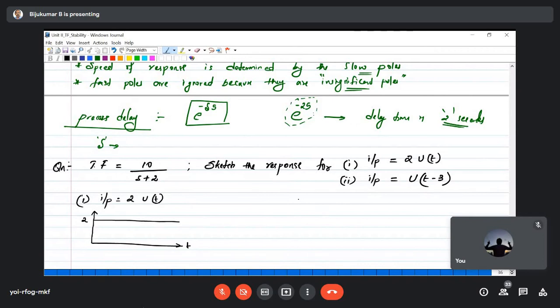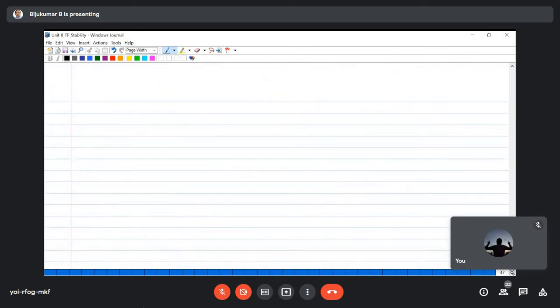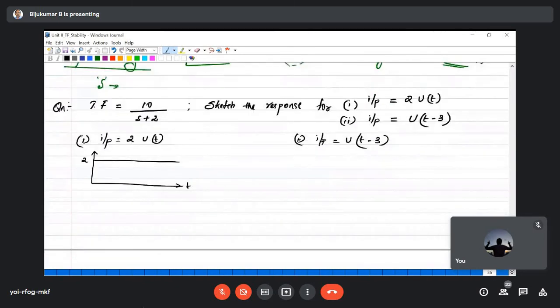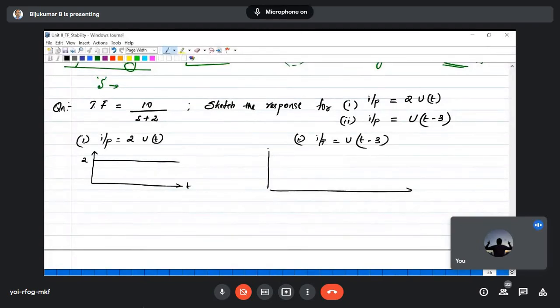And what about the second case? How will you draw an input u of t minus 3? This concept you might have studied in signals and systems. What is t minus 3? Time delay. Yes, it is a time delayed function, right?